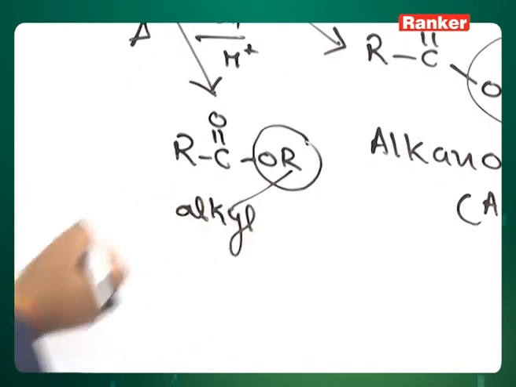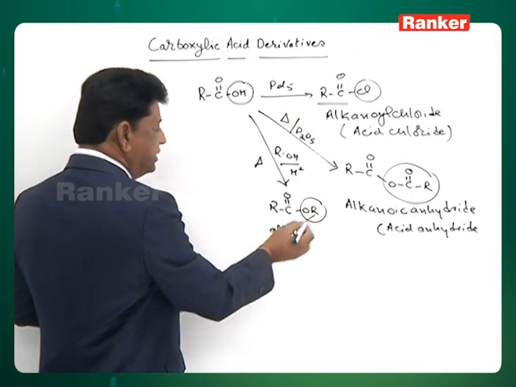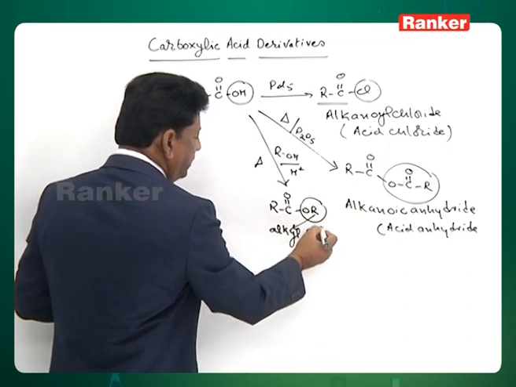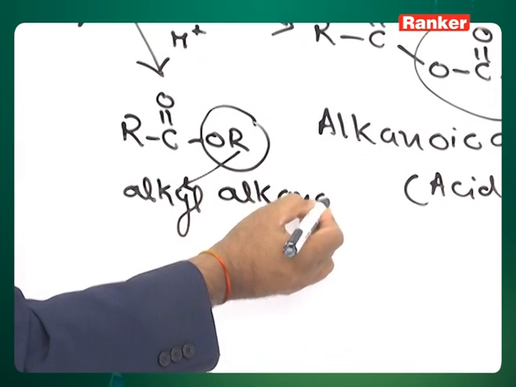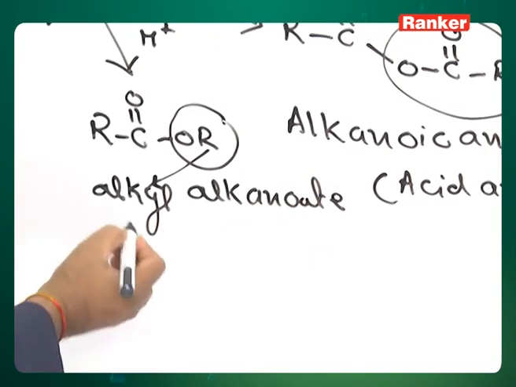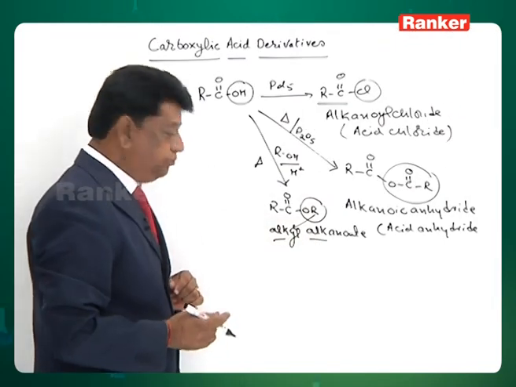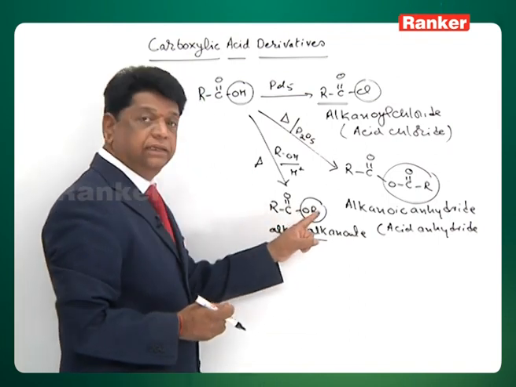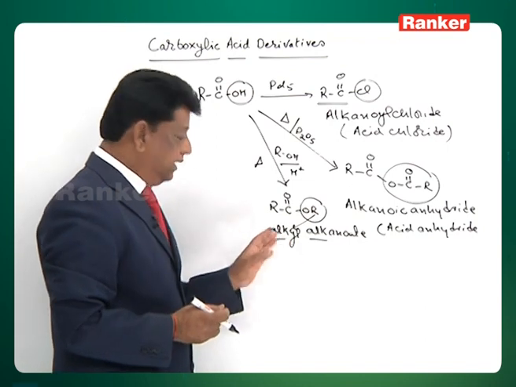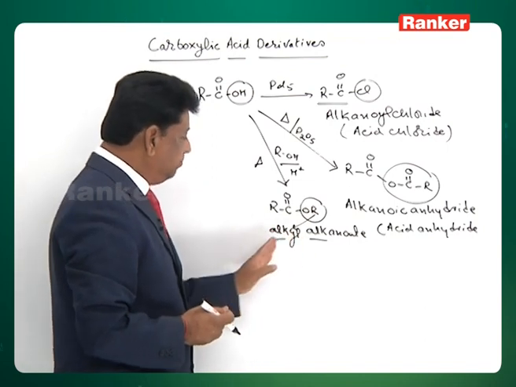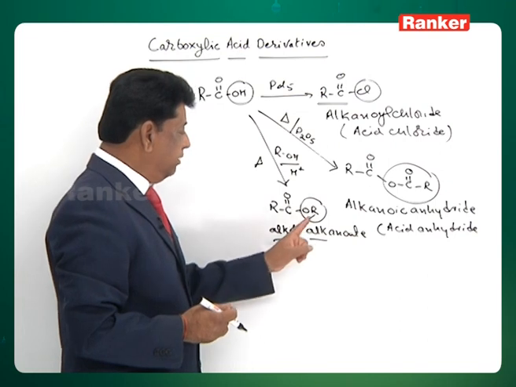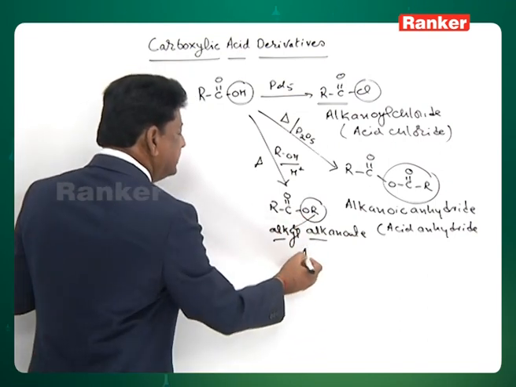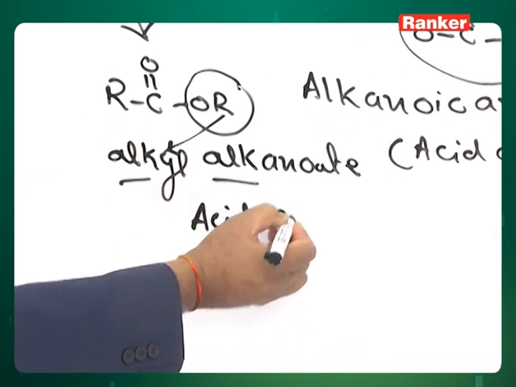This alkyl, the R, is finished by saying alkyl, then say the main compound alkanoate. This is what IUPAC nomenclature is. There are 2 alks. The main alk is our acid. The R is later entered, therefore, just like an extra group, we finish off this alkyl. The number of carbons will decide what is that alkyl. So, this is called acid ester, commonly known as acid ester.